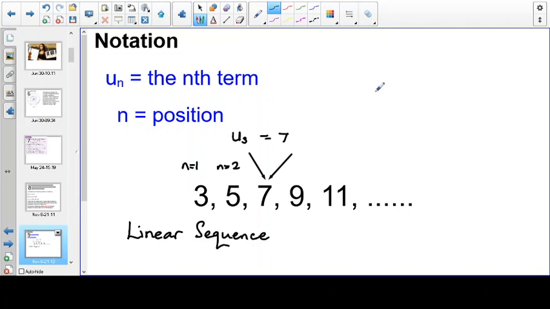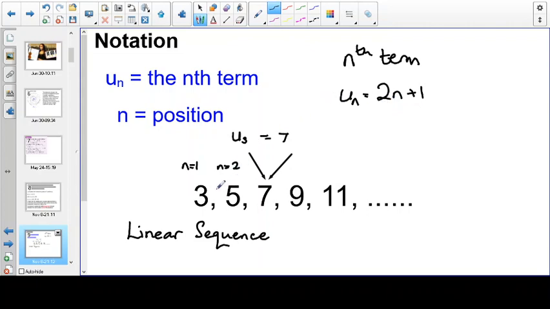In this case, the nth term, because it's going up by 2 each time, is 2n. If I do 2 times 1 to get the first term, that's 2, but I need 3, so we need to add 1 to it. That is the nth term, and we denote that by Un. So that specific nth term generates that sequence for different values of n.